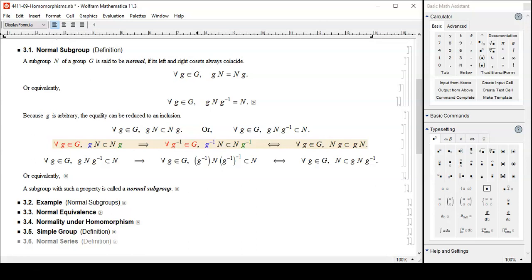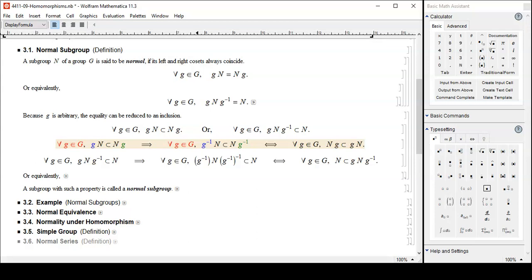If I want g, I can always start from g inverse and take the inverse again to go back to g. So taking an arbitrary g versus taking an arbitrary g inverse, there's no difference. So that's the key observation. So you can just express it like this.